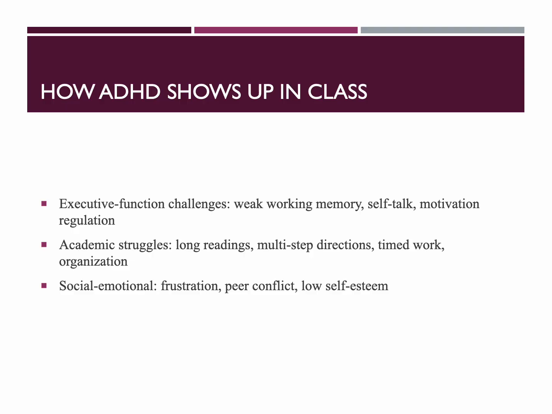So, let's talk about how ADHD actually shows up in the classroom because it isn't the same for every student. As we saw, there were three types of ADHD. But what does it look like in the classroom, and how can you tell if it's ADHD that's presenting itself? Well, we need to remember that at the heart of ADHD is a problem with what psychologists call the executive function.